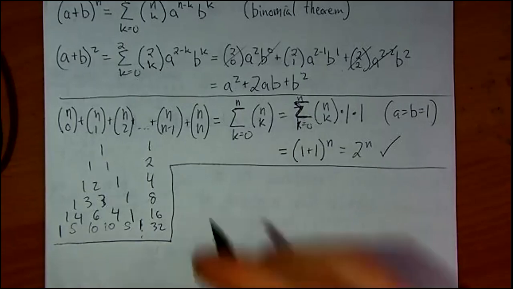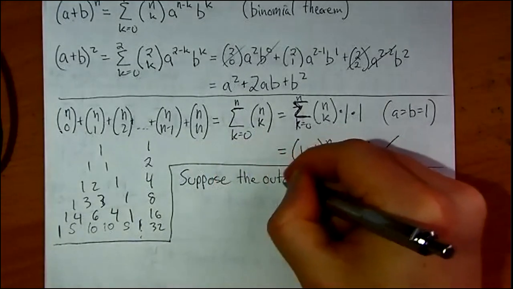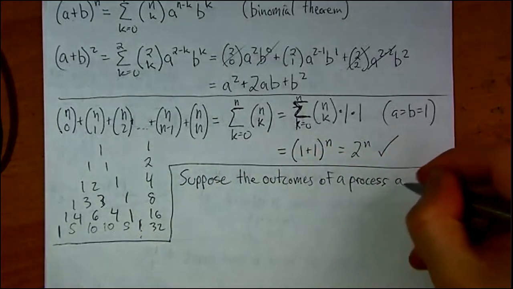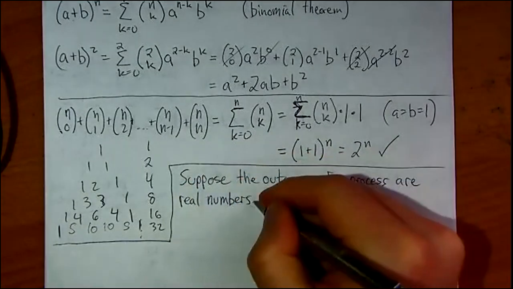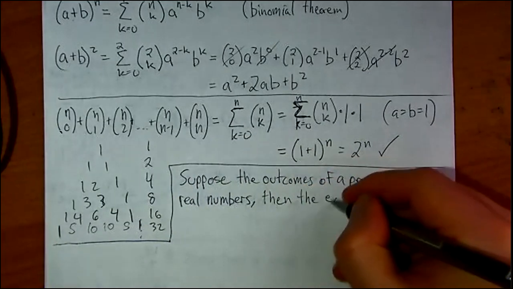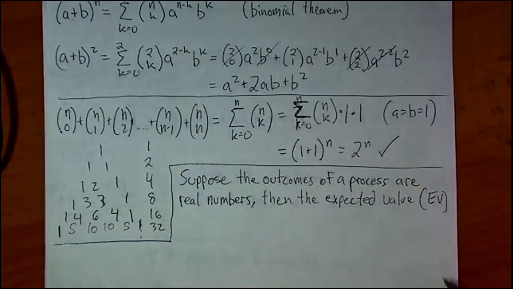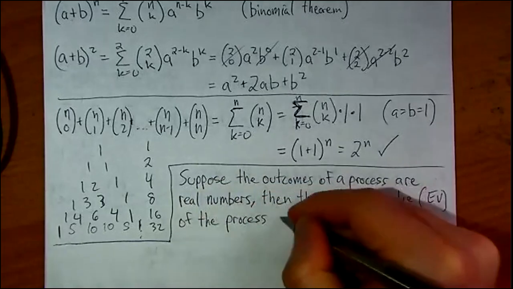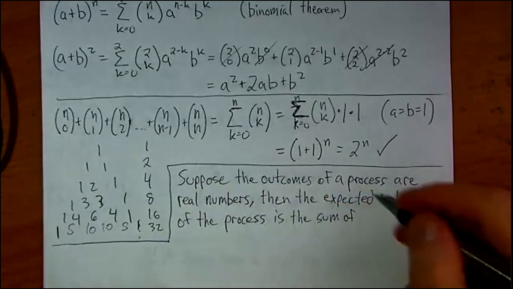Okay. So suppose the outcomes of a process are real numbers, then the expected value, which we can abbreviate EV, of the process is the sum of each outcome times its probability.